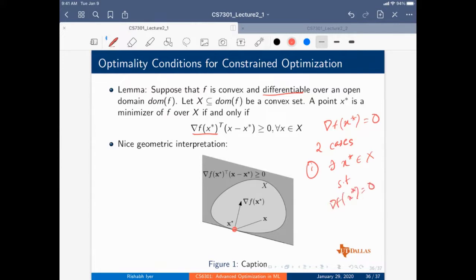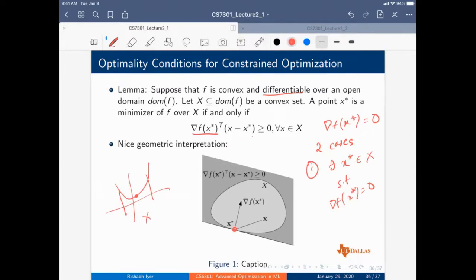What this means is that imagine you have a function like this, and say my set X is this. That means that the global minima belongs to this set. So in that case, this property still holds, because for x star, this dot product is greater than or equal to 0. In fact, it is 0, because the gradient of f is exactly 0.